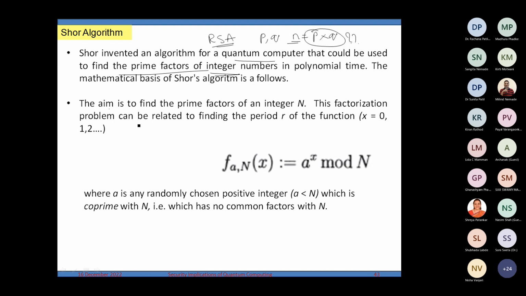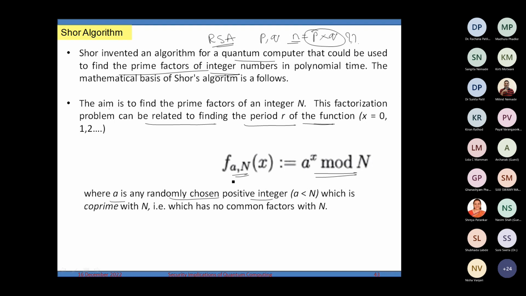This factorization, what Shor has brought is he has related it to finding a period of a particular function. We will see what this function is about and how it is calculated. That particular function is f(x) = a^x mod n, where a is any randomly chosen integer, a less than n, and also co-prime.